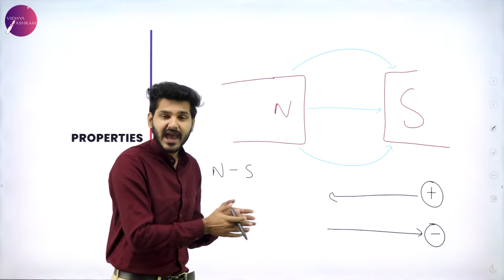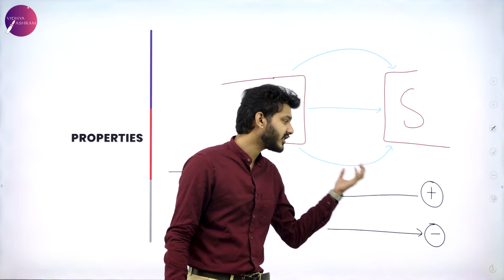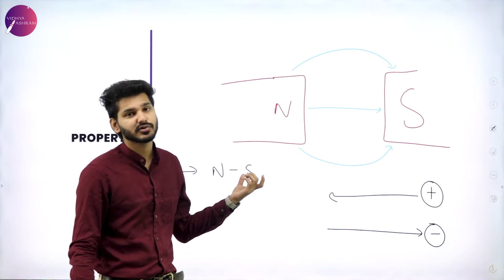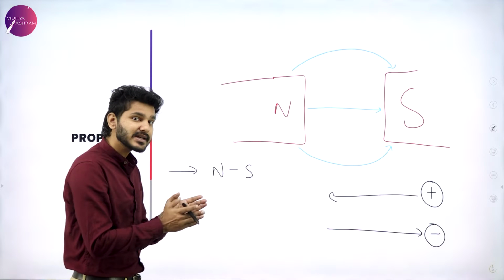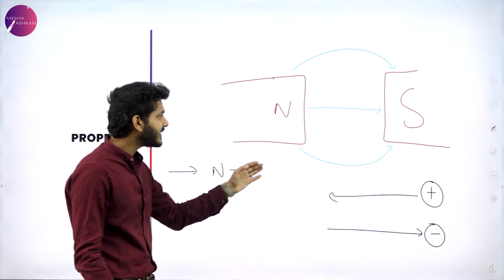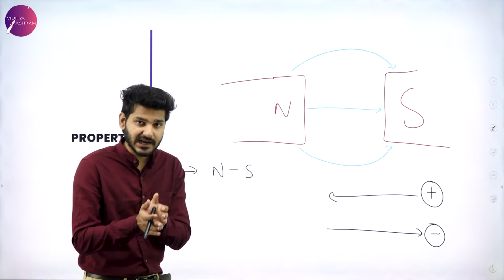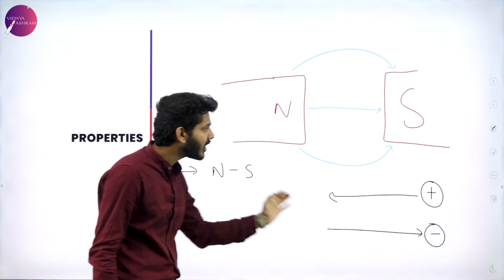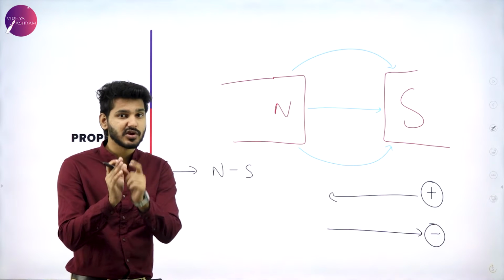So they can have field lines coming in towards the source charge, or field lines leaving from the source charge to infinity. That is no problem. But for a magnet, it is said that it always starts from the north pole. That is, the magnetic field lines will start from the north pole and it will always end in the south pole. So that is one thing you have to remember.